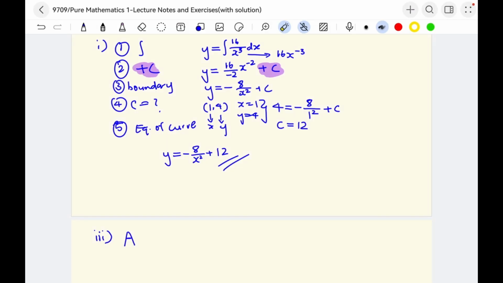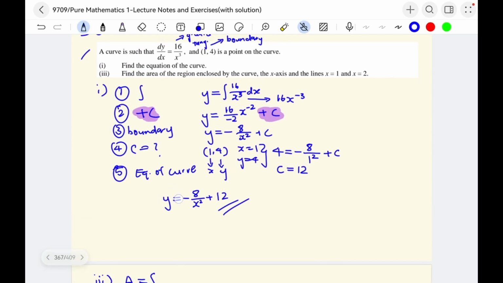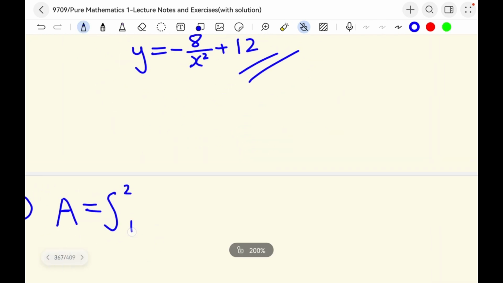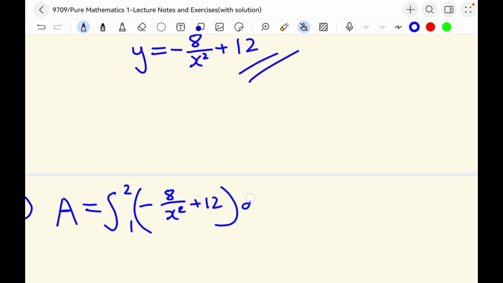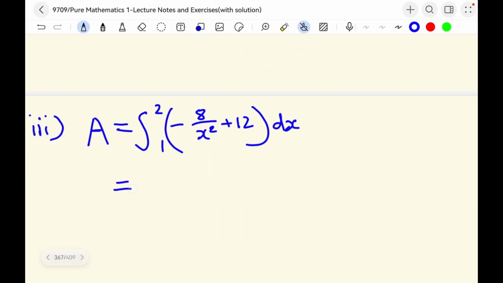Instead, we just integrate it. What are the limits? From 1 to 2, right? Put the 1 and 2 at the bottom and top of the long S sign, and then the equation of the curve that we have found over here, and integrate it. What we get is 8 over x, and 12x, from 1 to 2.